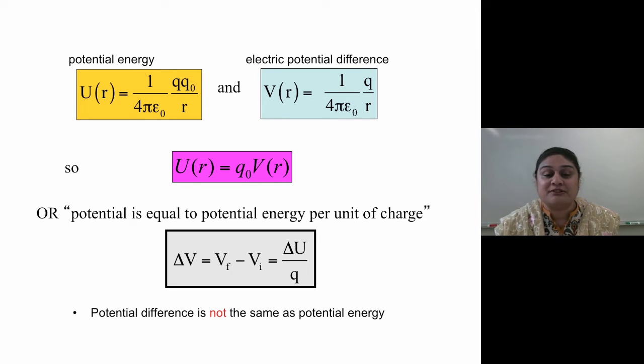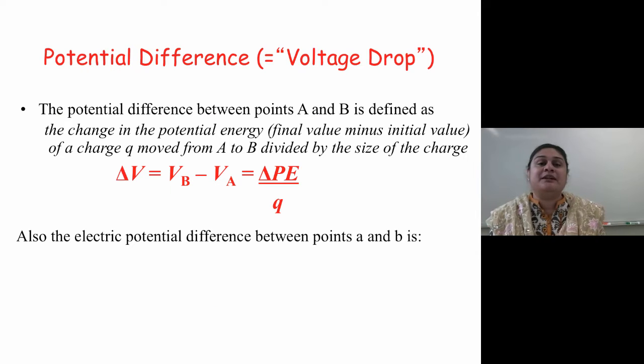Remember, potential difference is not the same as potential energy. Now let's come up with a definition of potential difference. The potential difference between points A and B is defined as the change in potential energy, final minus initial, of a charge Q moved from point A to B, divided by the size of the charge.